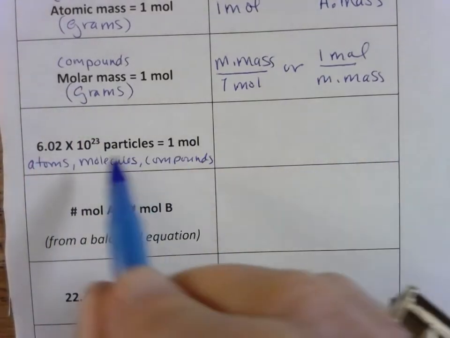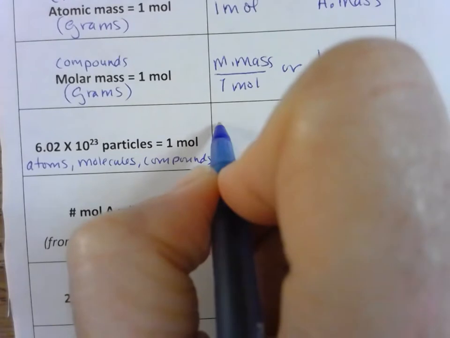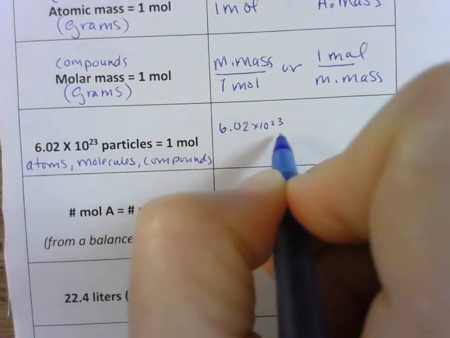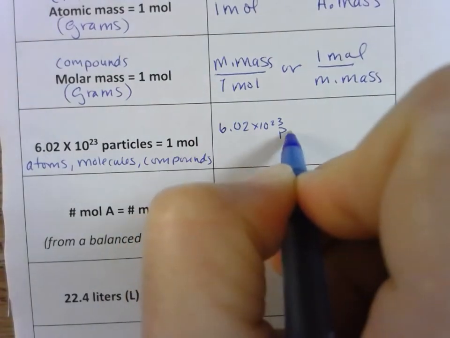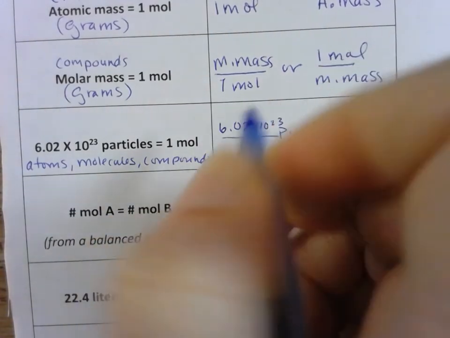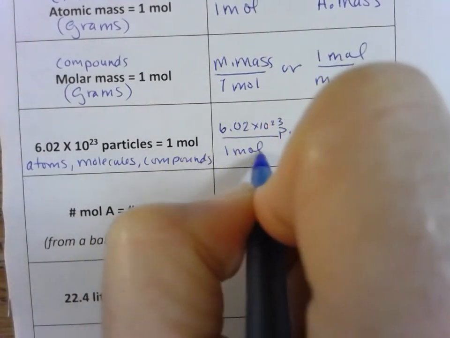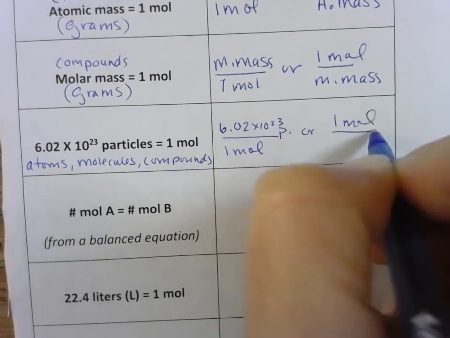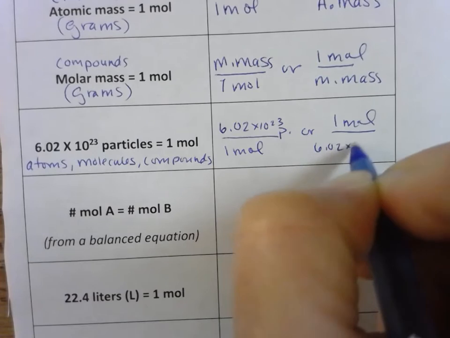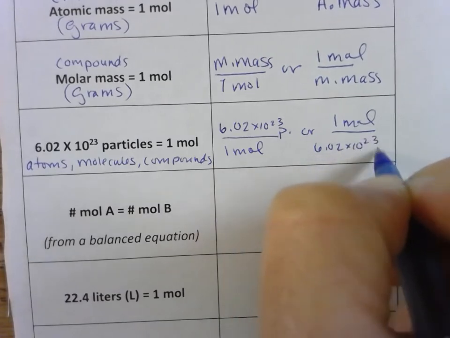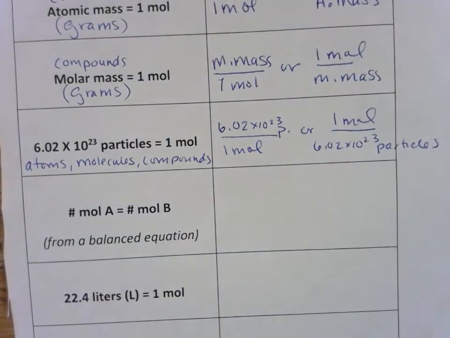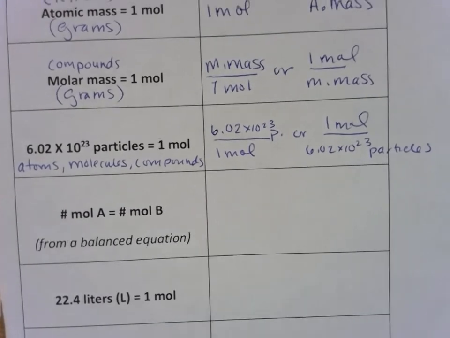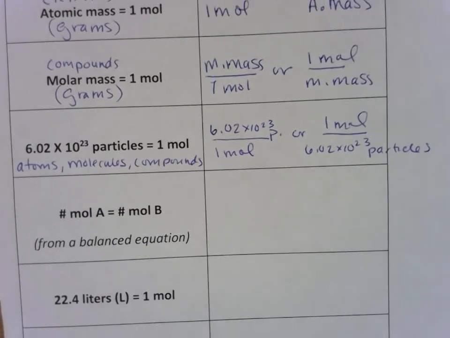So this one is going to say 6.02 times 10 to the 23rd, I'm going to do P for particles right now, because I don't have a lot of space, over 1 mole, or 1 mole over 6.02 times 10 to the 23rd particles. Those are the two arrangements of the fractions. There's no other arrangement that you can do.